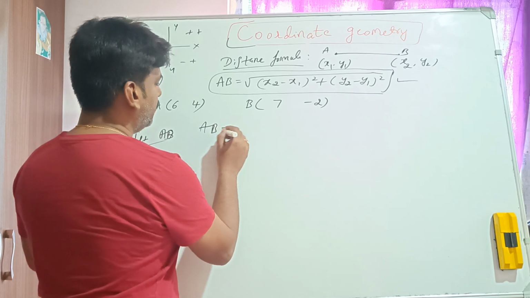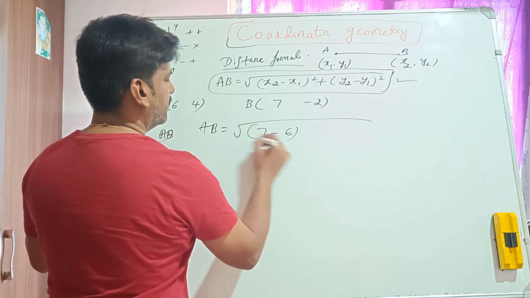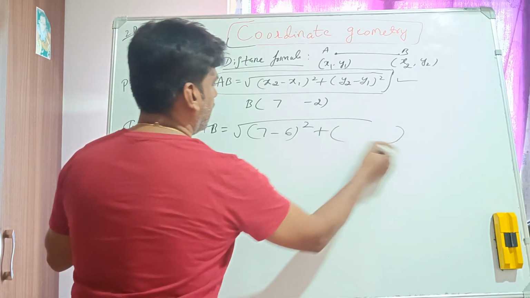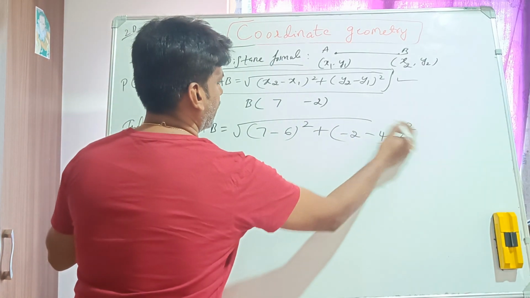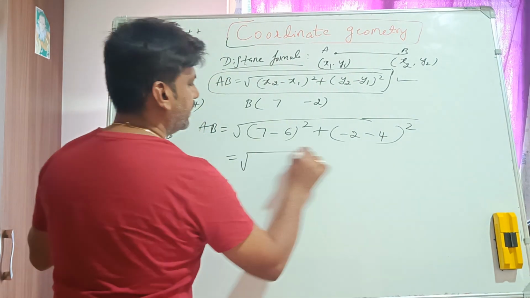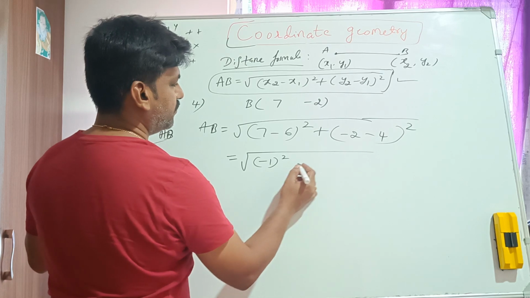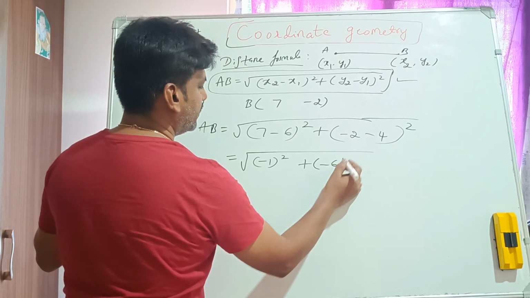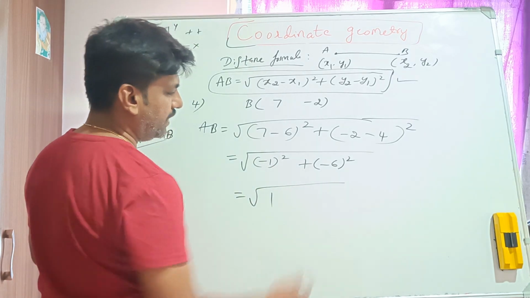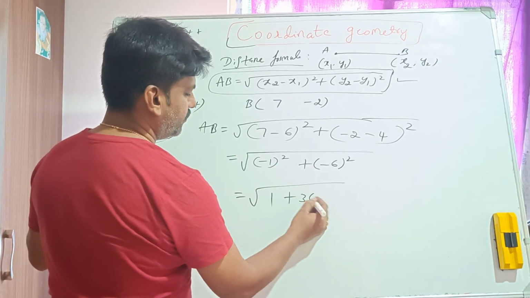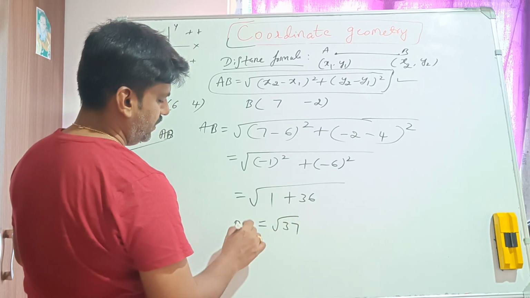AB is equal to the square root of (7 minus 6) square plus (minus 2 minus 4) square, right? So what are you going to get here? 7 minus 6 is 1, so 1 square, and minus 6 square. Minus 1 square means 1 and 6 square means 36. So you will get root 37, right?